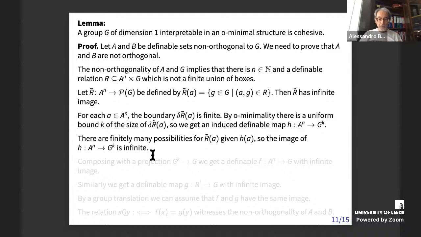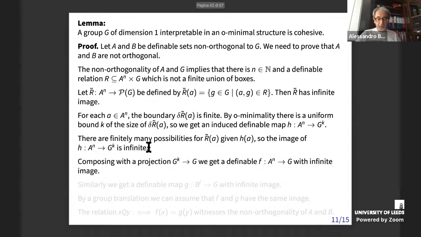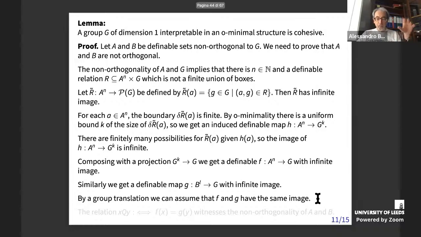So there are infinitely many possible boundaries that you can code. So composing with a projection from G to the k to a suitable factor, you get a definable map from A to the n to G with infinite image. Similarly, you get the same with the other sort B. You get another map from B to the l to G with infinite image. By a group translation, these two images can be made to overlap in an infinite set.